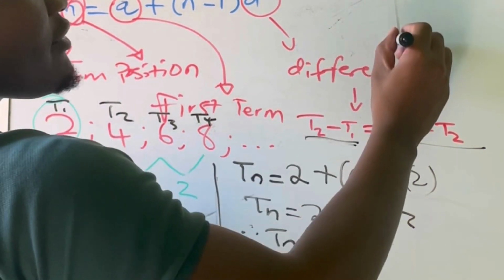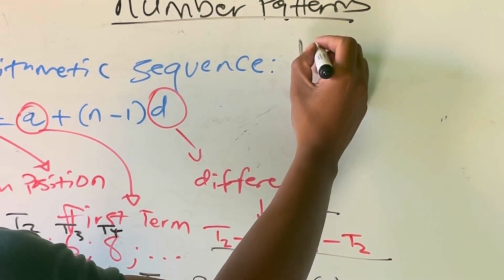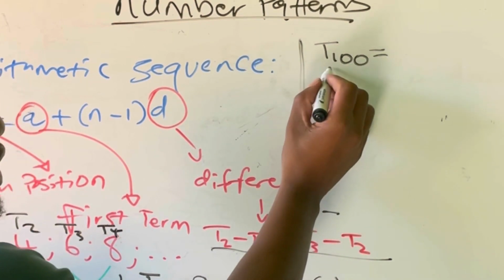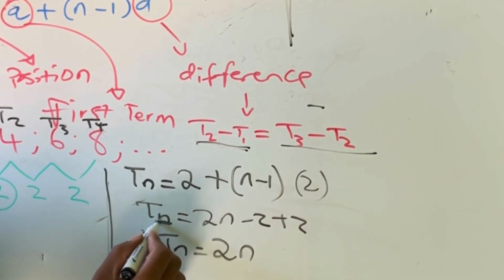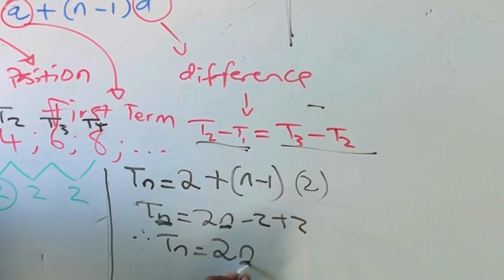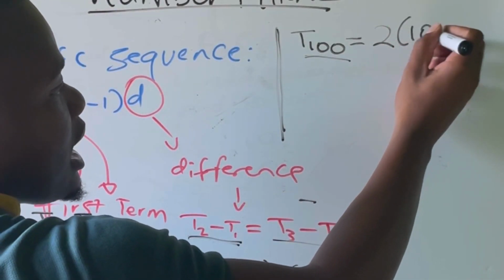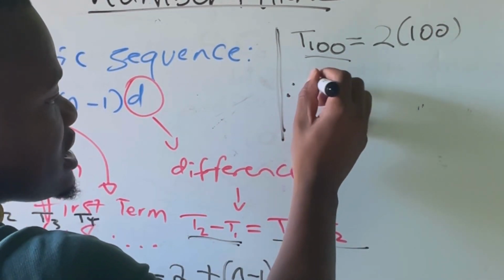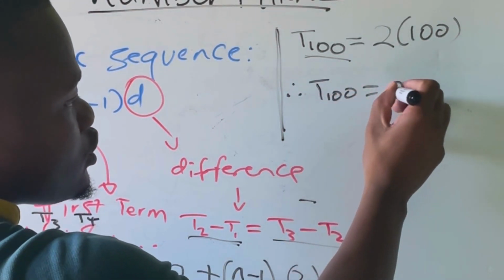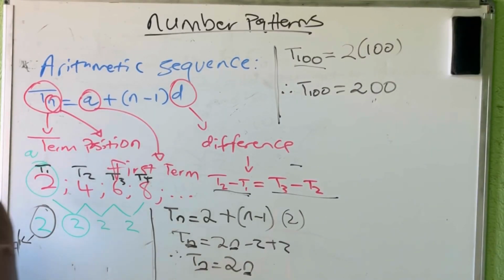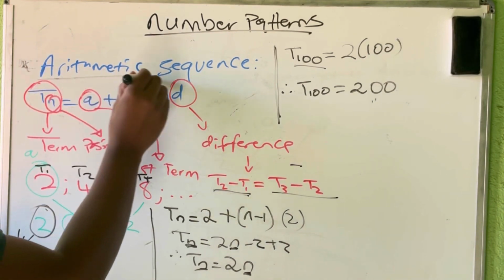So if you're looking for term number 100, you substitute your n, because you're looking for 100. That means n has to be 100 also. Term number 100 would be 2 times 100. So therefore, term number 100 equals 200. Okay, so you can do this with every pattern or sequence that falls under arithmetic.